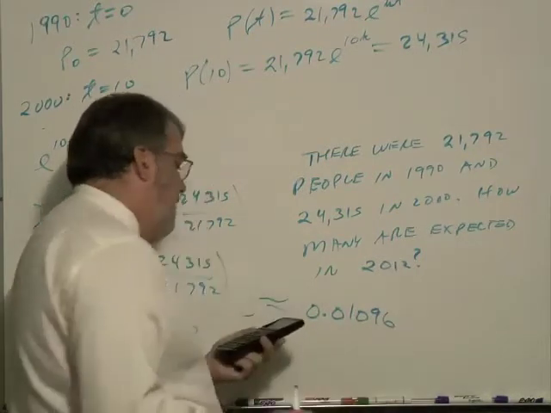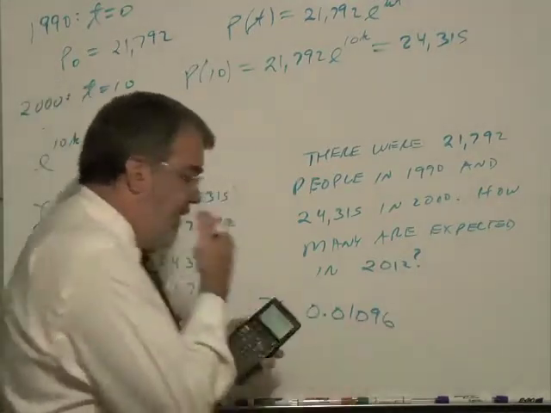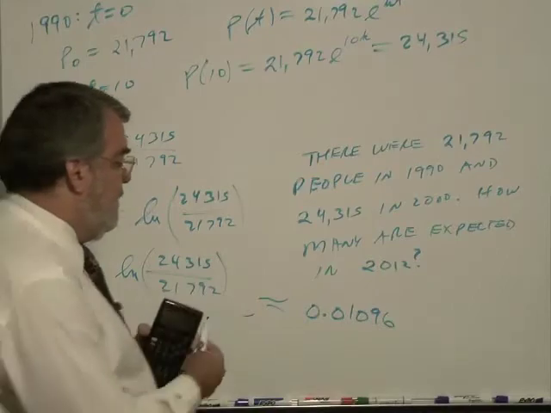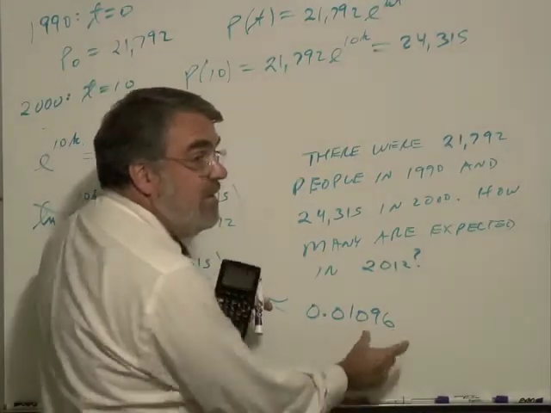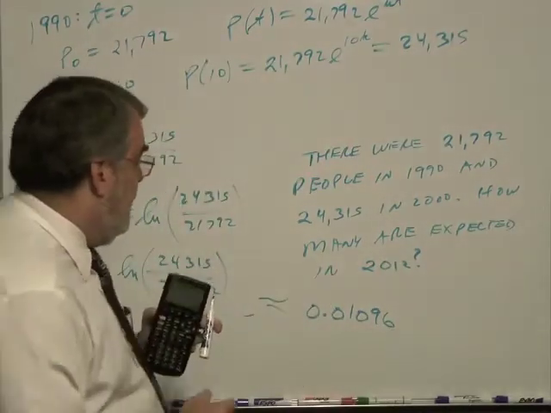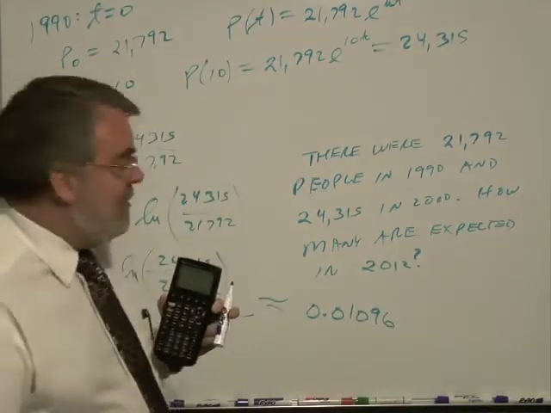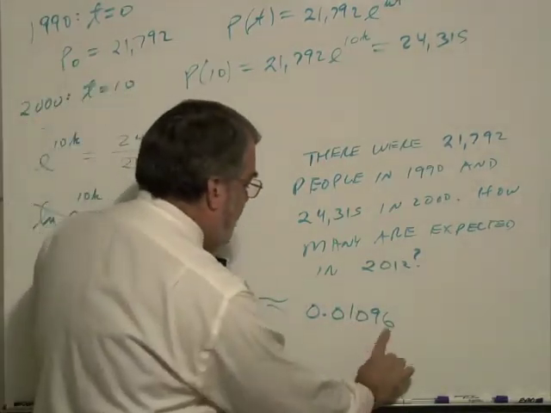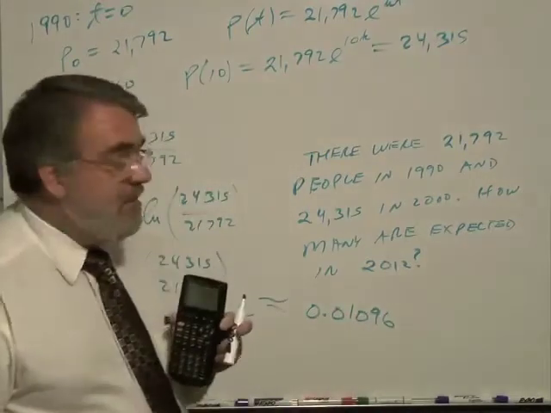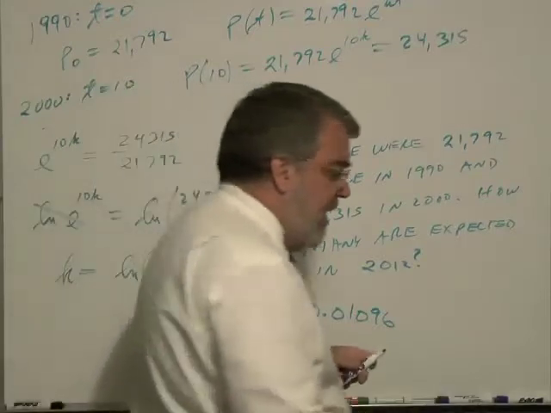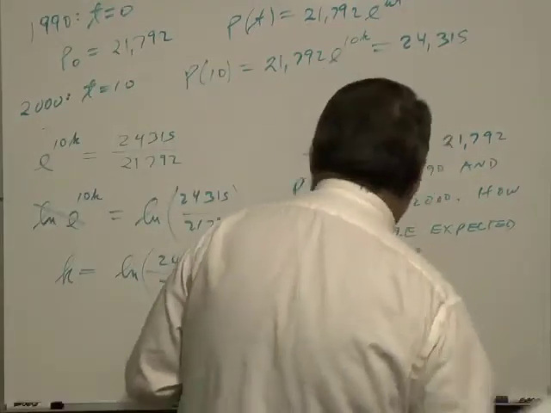0.01096955. I find that in these problems, you typically want 4 significant places in order to get pretty good accuracy. If I rounded this off to 0.01, you would lose a lot of accuracy, it turns out. So let's go with 4 significant places here, and we'll get a pretty good estimate, with much more accuracy.